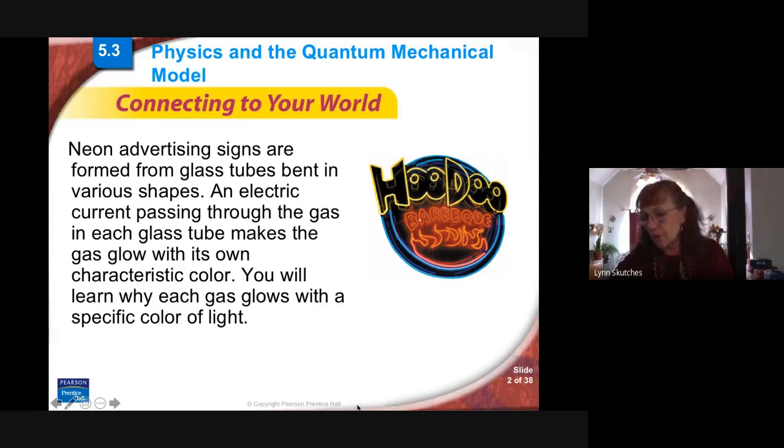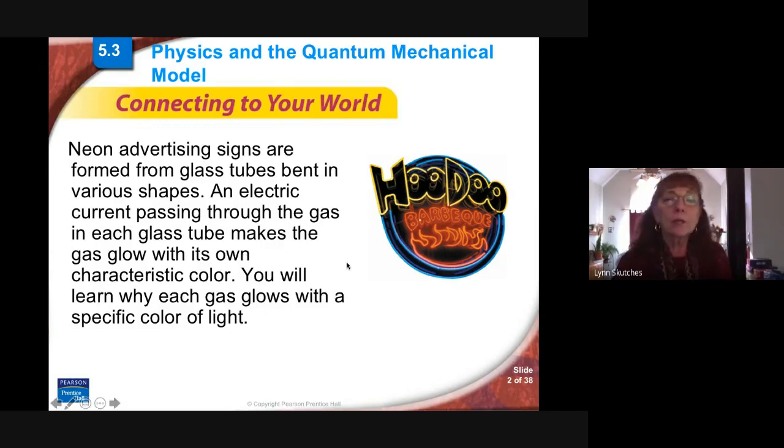So all of us have seen neon signs before. What most people don't realize is they are actually originally filled with neon gas. Even though they come in a variety of colors, neon gas normally looks colorless to your eyeballs.